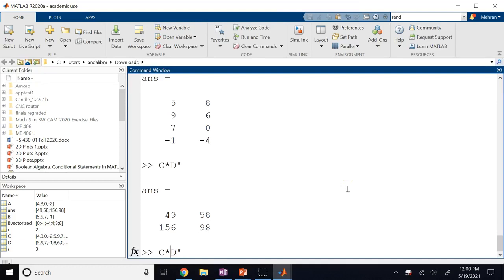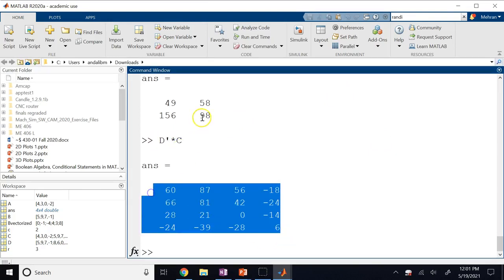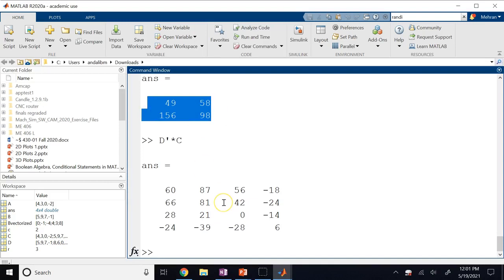Now, can I multiply D transpose by C? Well, this is a 4 by 2, this is a 2 by 4. So the result is a 4 by 4. Yes, so I can do that as well.